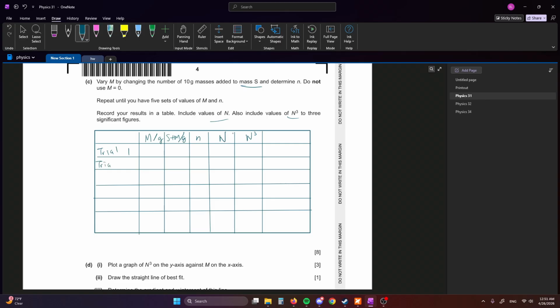So we want to do trial 1, trial 2, trial 3, trial 4, trial 5, and trial 6. And then since it's 10 gram masses, we'll just do 10, 20, 30, 40, 50, and 60 grams. In the data table, you do not want to write this because technically you already wrote it up here.